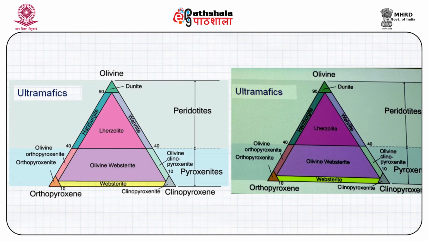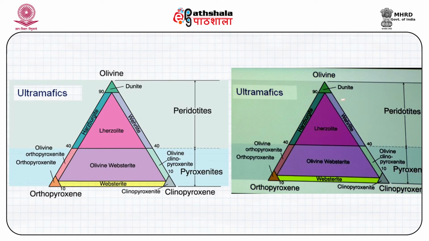The rocks in general you will call pyroxenite. The whole rock series is called peridotite. So, peridotite can be pyroxenite, or it can be closer to lherzolite or dunite. This is the general term for ultramafic rocks which have silica, SiO2, less than 45%.